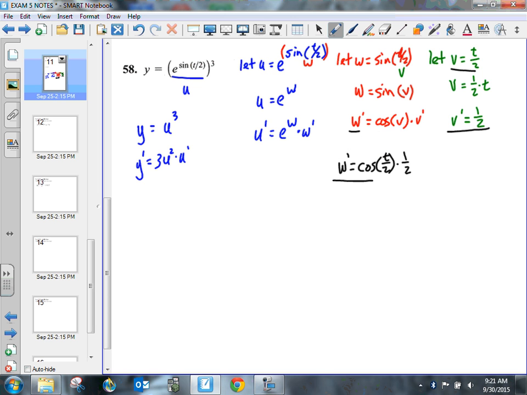Now that I have my w prime and I have w, I can substitute those back in. I can chain them back together. So then u prime becomes e to the w, which is sine of t over 2, and then I'm going to multiply that by w prime, which is cosine of t over 2 times 1/2. Let me move that down.